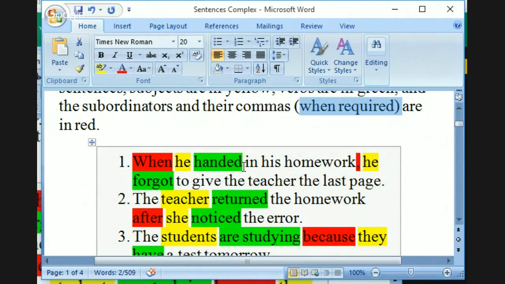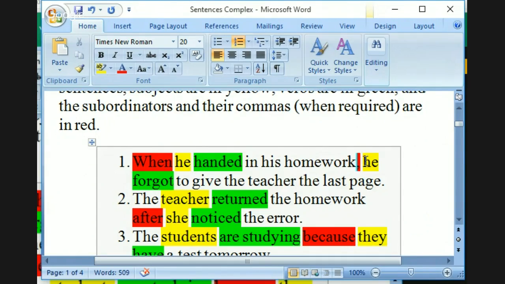He is the subject noun, handed is the verb. "When he handed in his homework." Now that by itself, if you just said that to someone on the street, would not make sense. It is not a simple sentence. It is not an independent clause. If I put the dependent clause first in the sentence, I need to separate the two clauses, the dependent and the independent, with a comma, which you see the little dash of red here, indicating the comma.